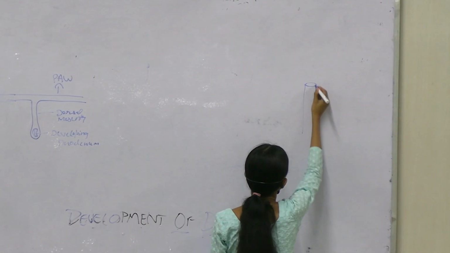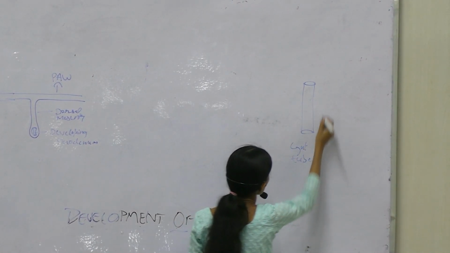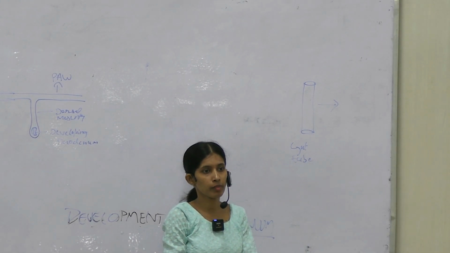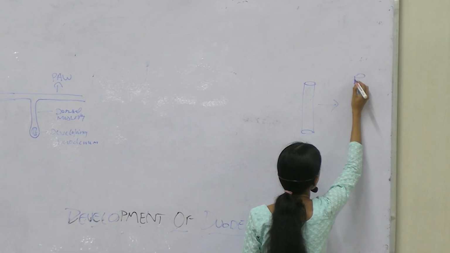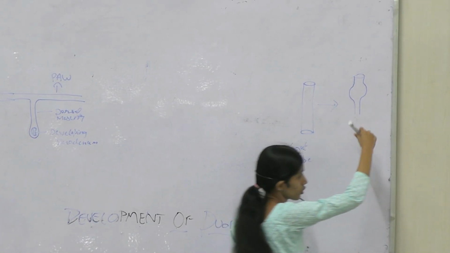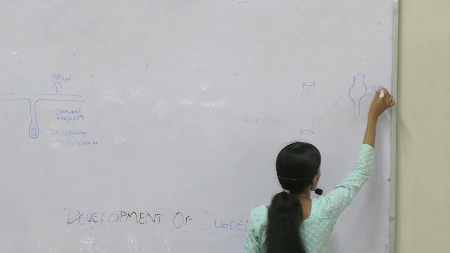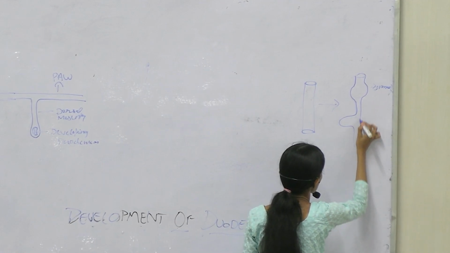First we have your gut tube. This is the gut tube. From this, for the development of stomach and the development of intestine, it will go under certain changes. Formation of fusiform elevation in the stomach region and formation of loop in the intestine part.